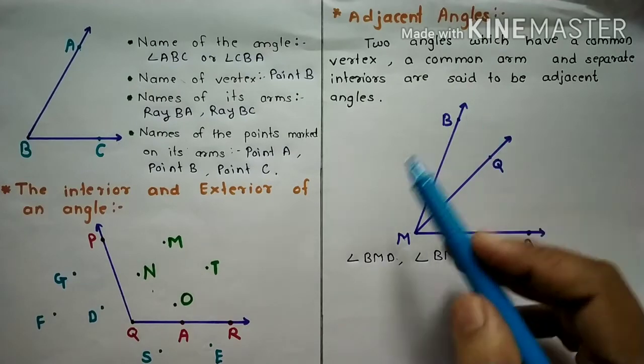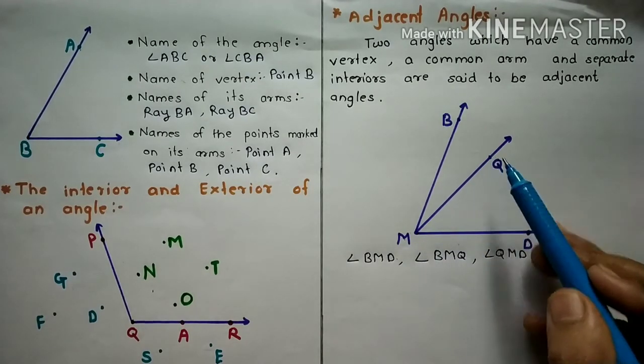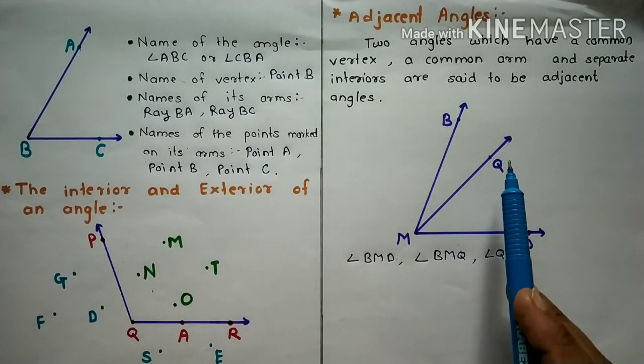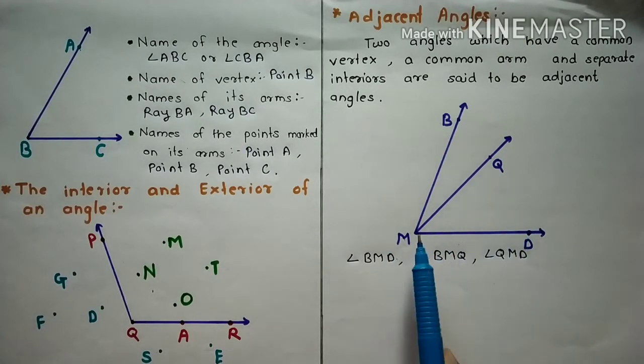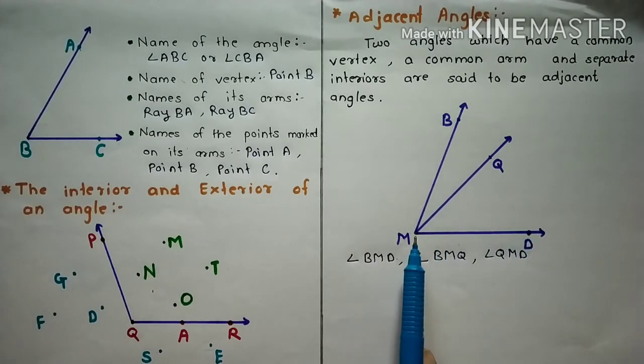In this figure, ray MQ is a common arm of angle BMQ and angle QMD, while M is their common vertex.